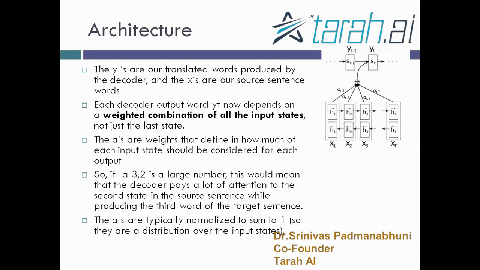So no wonder we also want to make sure that alpha summed over all the inputs, alpha t1 to alpha t capital T, should be 1. In the same way, alpha t minus 1, 1 to alpha t minus 1, capital T should be 1. So now you can see how you are going to model the function as not just the intermediate vector, but also the corresponding attention model, which you need to capture.